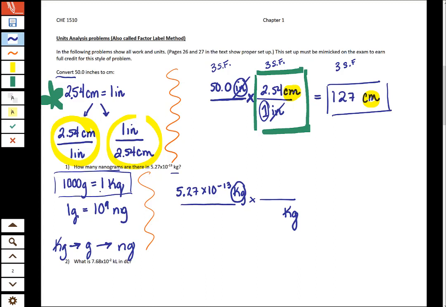Notice how there is a number 1 next to the kilogram in my equivalency, so I'm going to put a 1 here. Then that is equivalent to 1,000 grams. And now my kilograms have canceled. Now that my kilograms have canceled, I've gotten from kilograms to grams. Now we're going to go to nanograms.